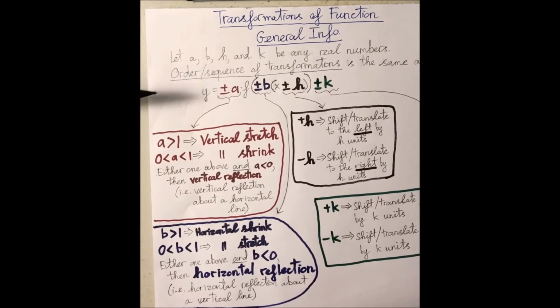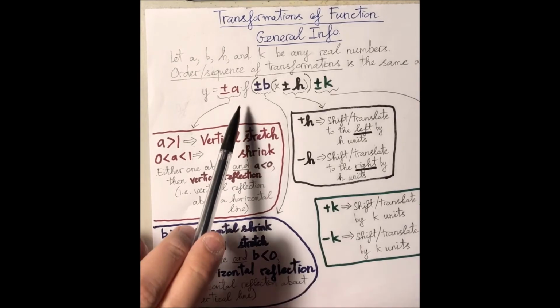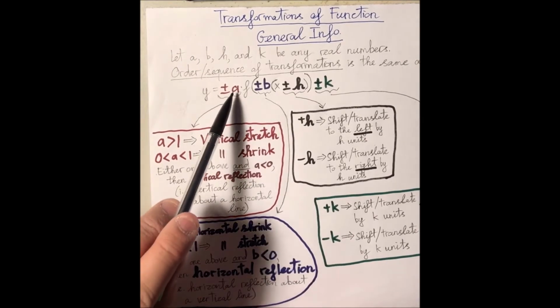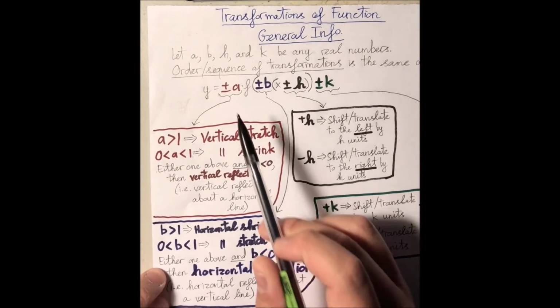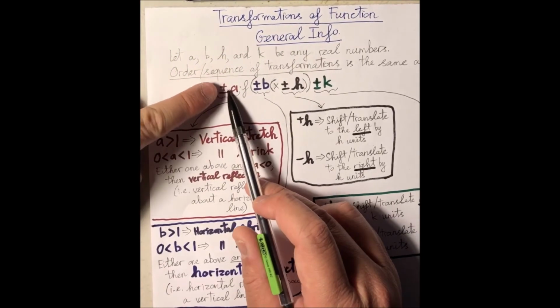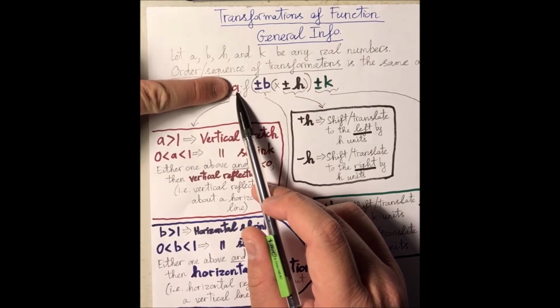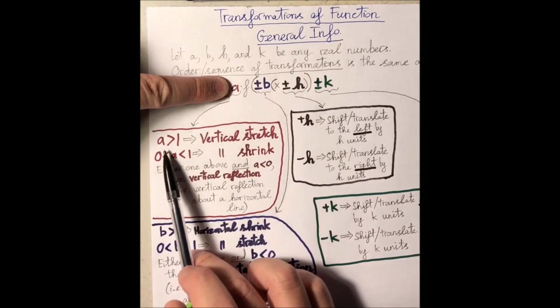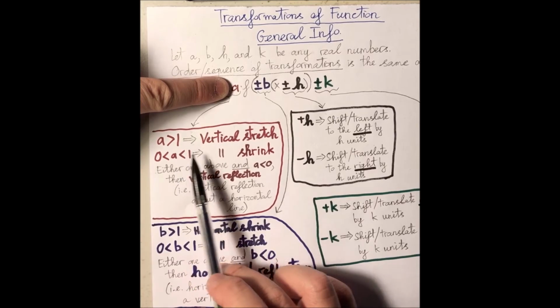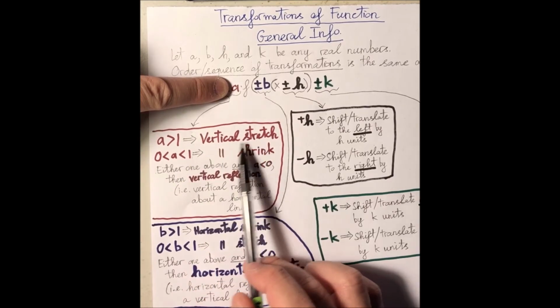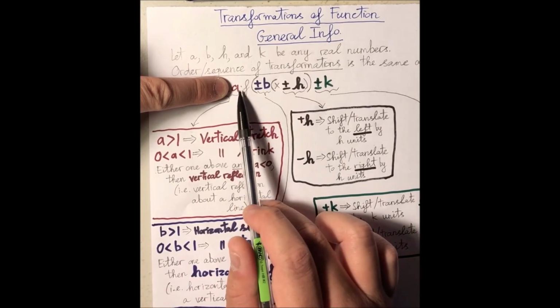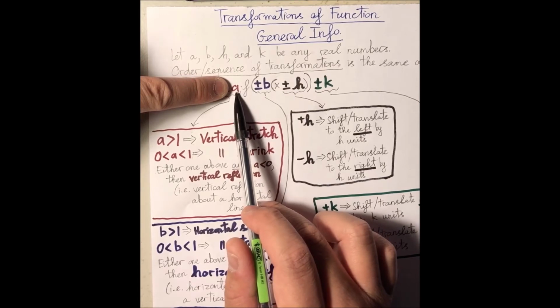Now, whenever you're given a function and you are asked to do multiple transformations, you have to note that for any function, if your function f is multiplying by a number represented by the lowercase a, and let's just forget the plus and minus for now, if your lowercase a is greater than positive 1, then your function is going to stretch vertically by a factor of whatever the a is equal to.